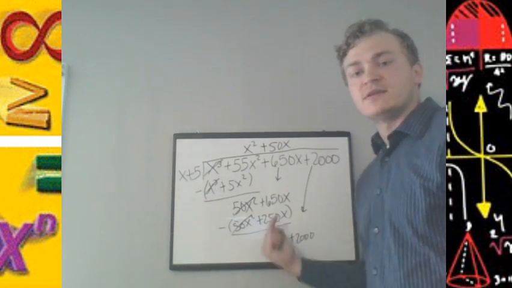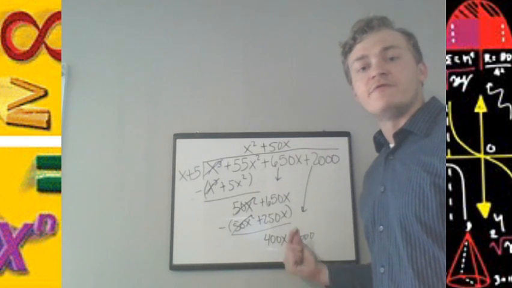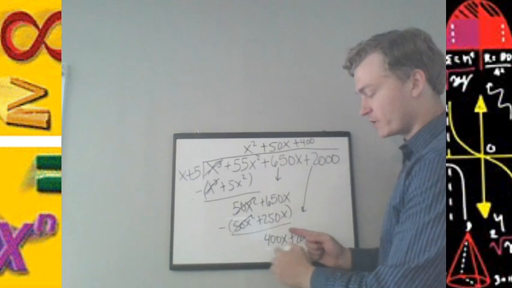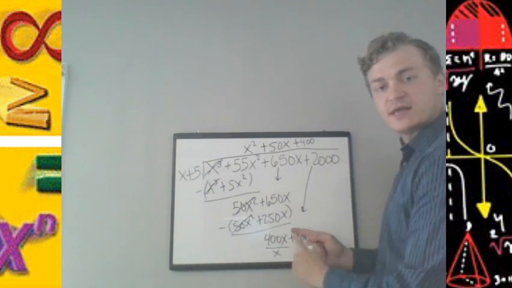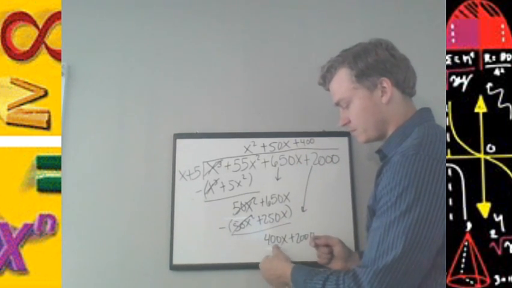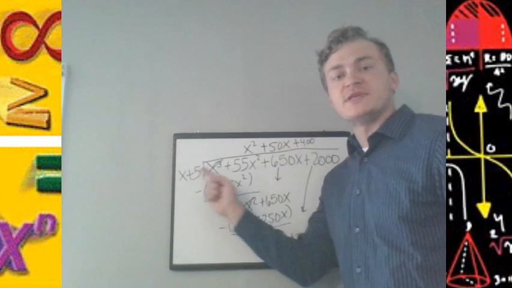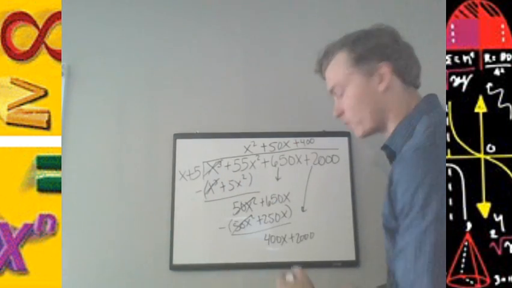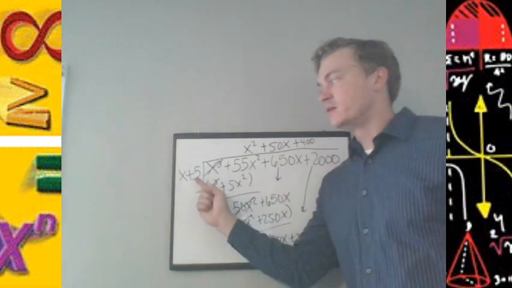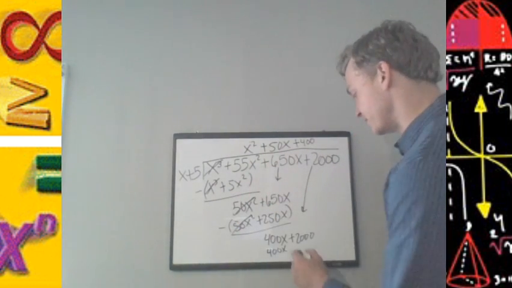400x plus 2000. How do we divide that with x plus 5? Well, x will divide into 400x 400 times, because as we see, 400x divided by x, x is canceled, leaving us with the positive 400. 400 times x plus 5. 400 times x is 400x. 400 times 5. 4 times 5 is 20. 400 times 5 is 2000.